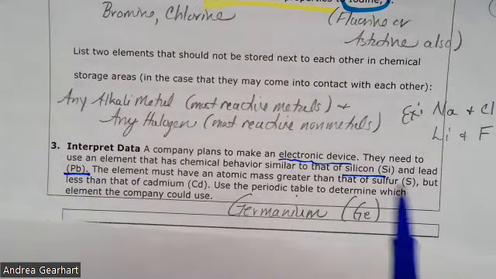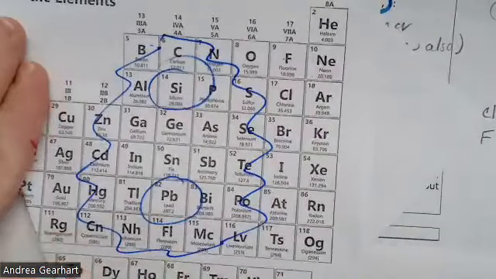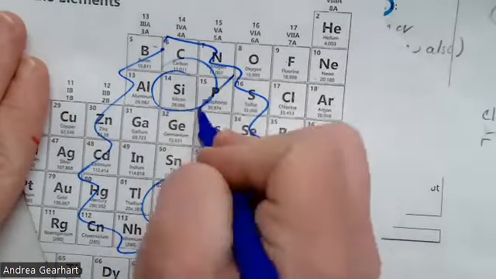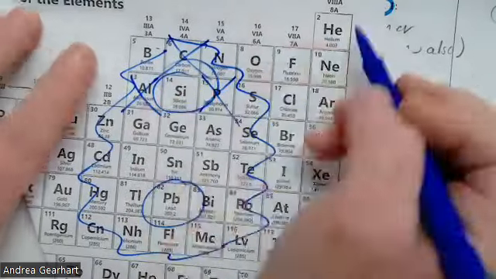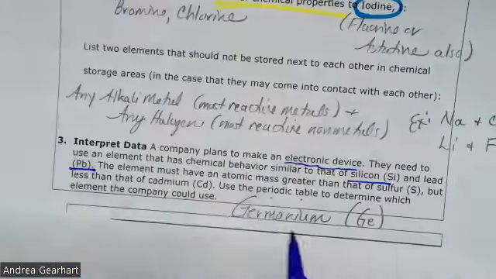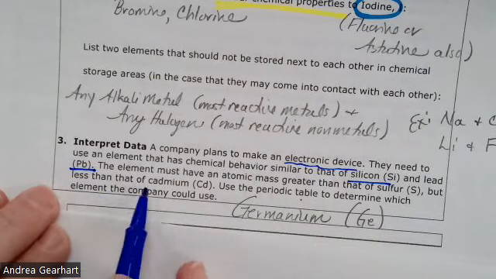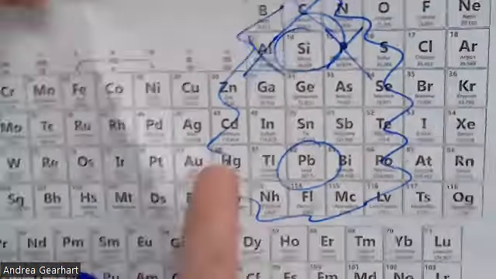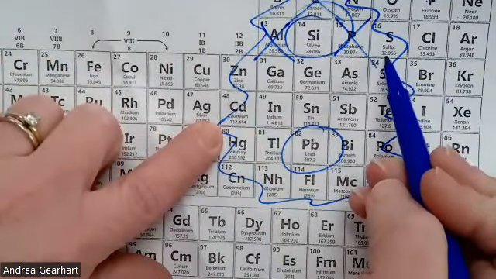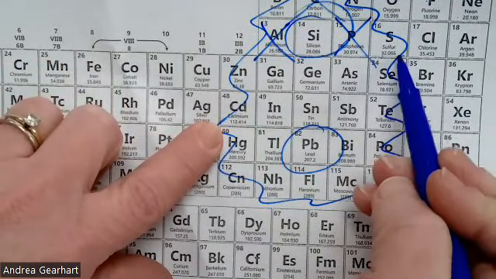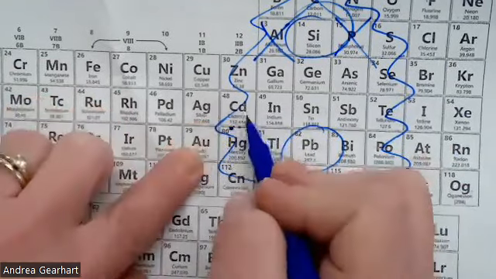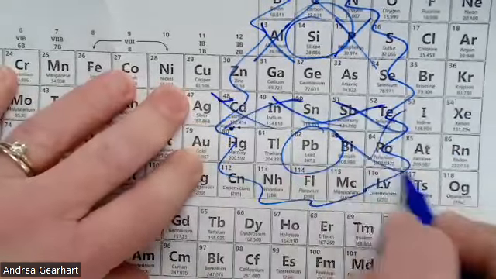It must have an atomic mass greater than sulfur. Okay, sulfur's 32. So that takes out like these, yeah. But less than cadmium. So here's cadmium. It has to be over 32, but under 112. So that takes out these.